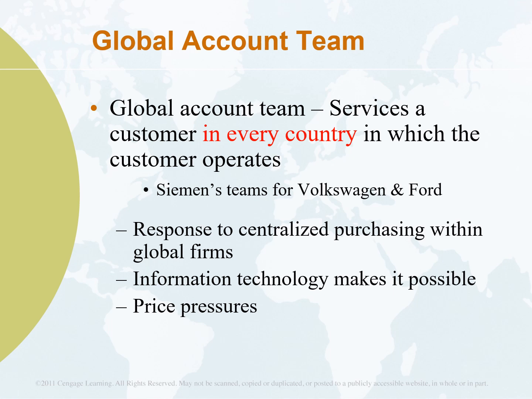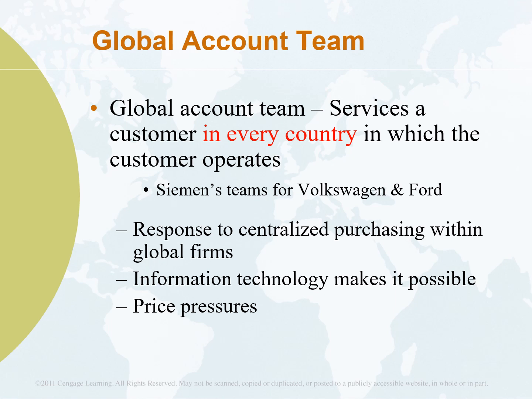Global account teams. What are global account teams? A global team is a team that services a customer in every country in which the customer operates. And remember, your customer may operate in many, many countries, so you may have to service them in many, many countries. Like Siemens, for example, the German company.